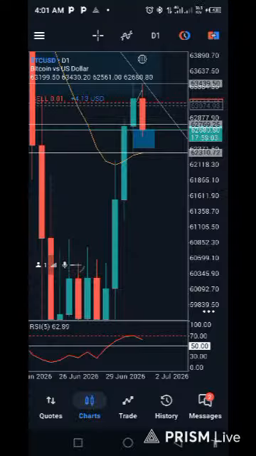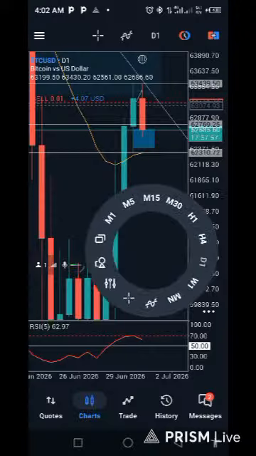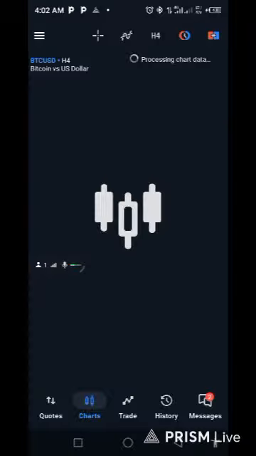So the best thing you can do, if you want to enter this trade now, is wait for a little reversal, a correction first, before you enter. Enter on a 15-minute time frame first. Check your 15 and your 5 minutes to know the best spot where you can enter the trade. Look for another block or FVG.